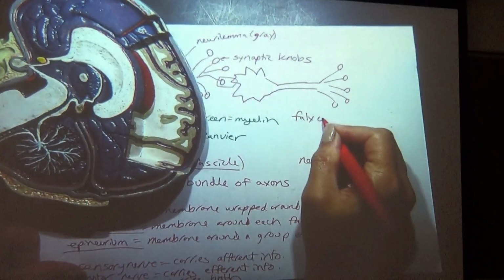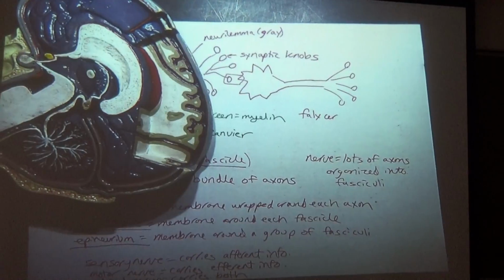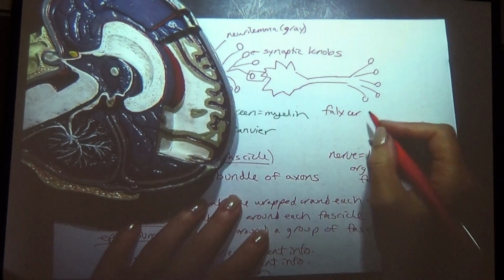And that is the piece of dura mater that separates or divides the cerebellum into two hemispheres.